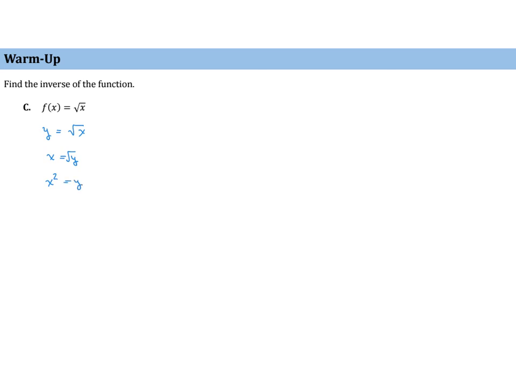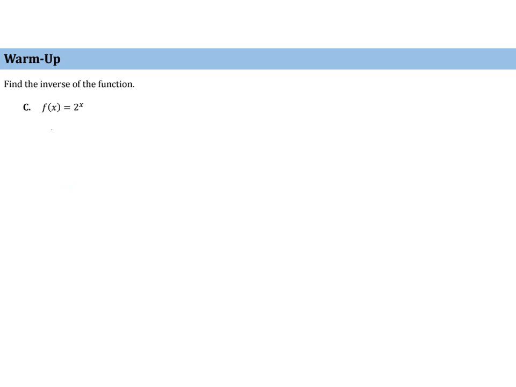Now we would have to be careful because here x would have to be non-negative because of this statement right here. The square root of y only returns non-negative values. So this tells us that f inverse of x equals x squared, where x is bigger than or equal to 0.